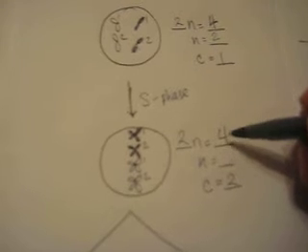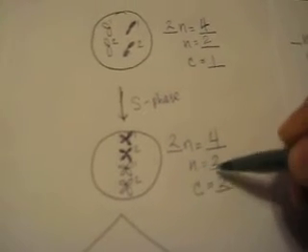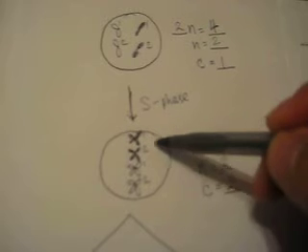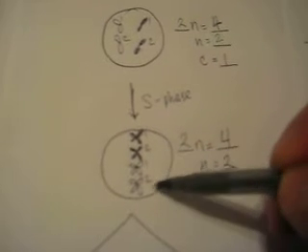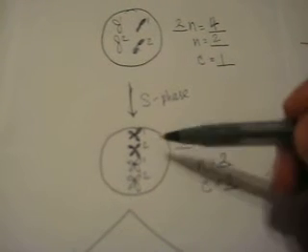Okay, let's do algebra. 4 divided by 2 is 2. N equals 2 means there are 2 kinds of chromosomes here. You have 1s and 2s, regardless of the color, regardless of the set, okay?